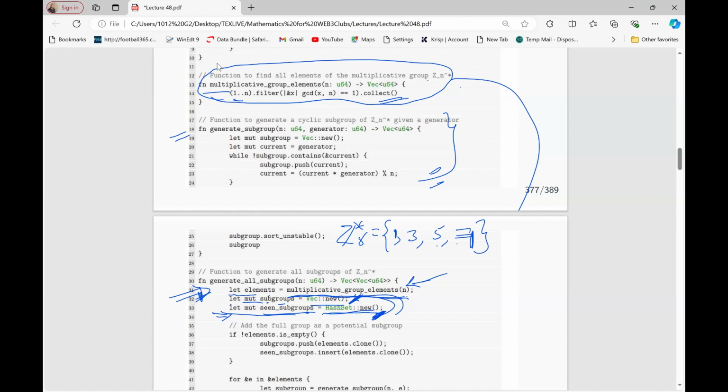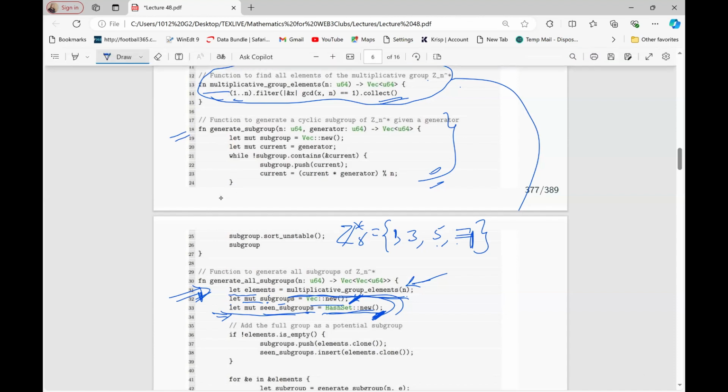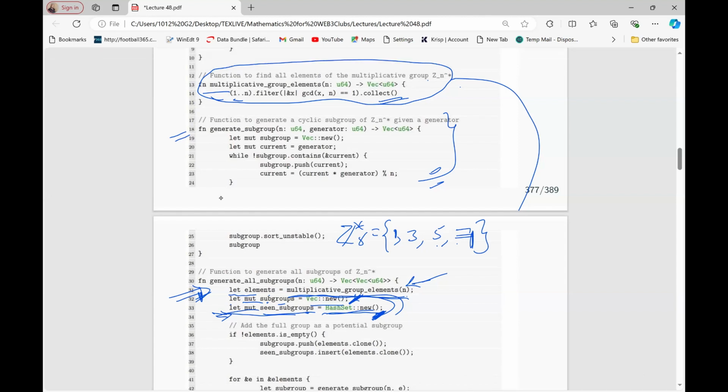If you omit this part, then in the cases that we mentioned, some elements would generate the same subgroups, so we would find those subgroups repeated. For example, when 7 generates the same subgroup as 11, you'll find those two subgroups there and they're the same. Is that okay?